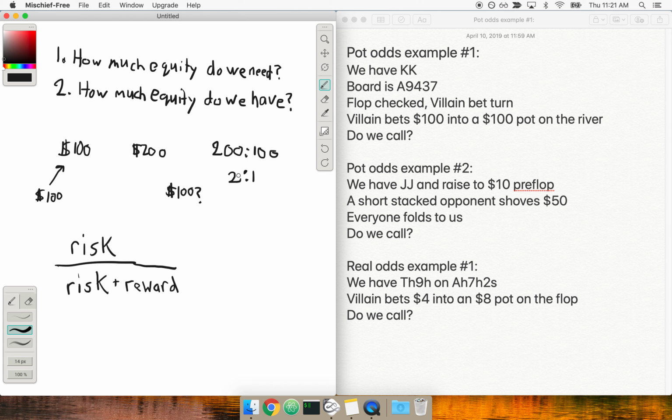But when we look at it in terms of pot odds, instead of thinking we're risking 100 to win 200, we can think we're risking 1 to win 2. It's a little bit more simple that way. So we plug 1 and 2 into the formula, and we get 1/3, or about 33%.